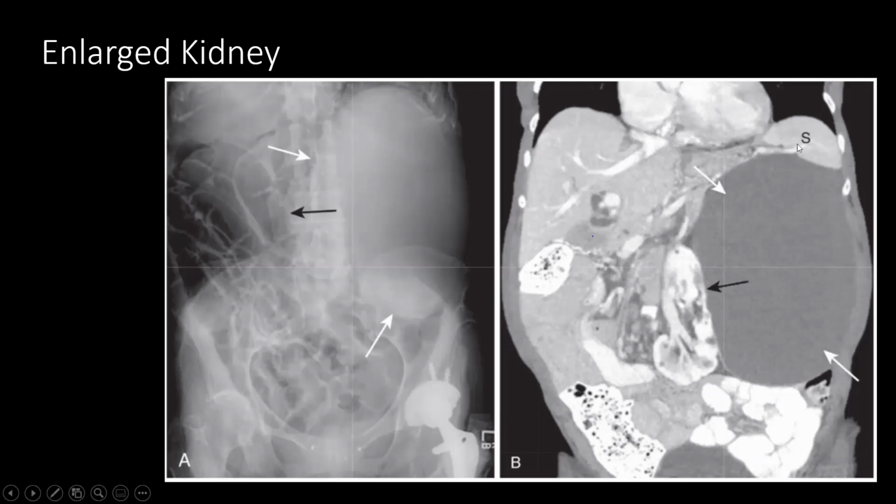Here is the spleen pushed upward, and this patient is given oral contrast. Why? Because you can see all these loops of small bowel filled with oral contrast, and you can see the cortex of this kidney filled with contrast. So I have given this IV contrast filtered by the kidneys, and I have this oral contrast over here, so oral and IV contrast.